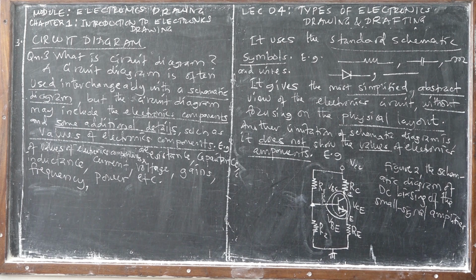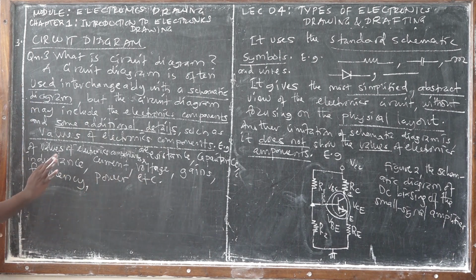Examples of values of electronics components: resistance, capacitance, inductance, current, voltage, gain, frequency, power. Ask your neighbor, which one do you know among those examples of electrical properties?